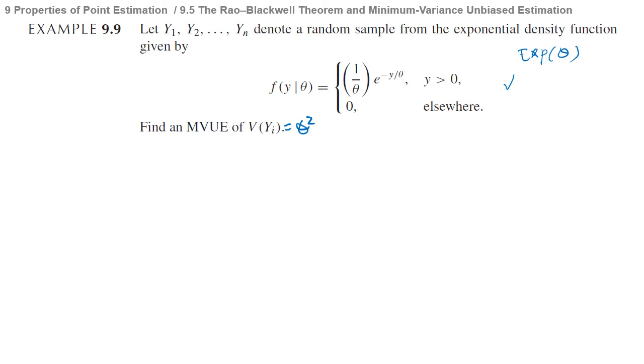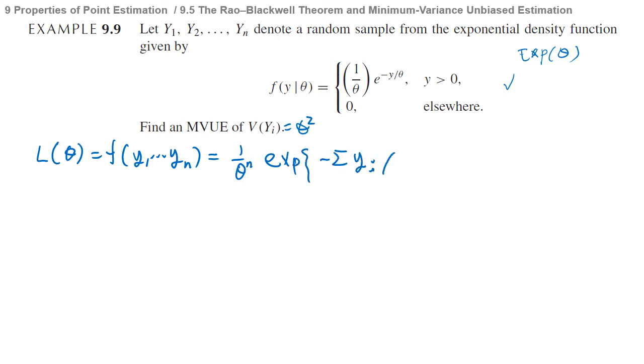So let's move on by calculating the likelihood function. The likelihood function is f of y1 to yn, and since they are independent, we multiply the density functions, which is 1 over theta to the nth times exp of minus the sum of yi divided by theta.